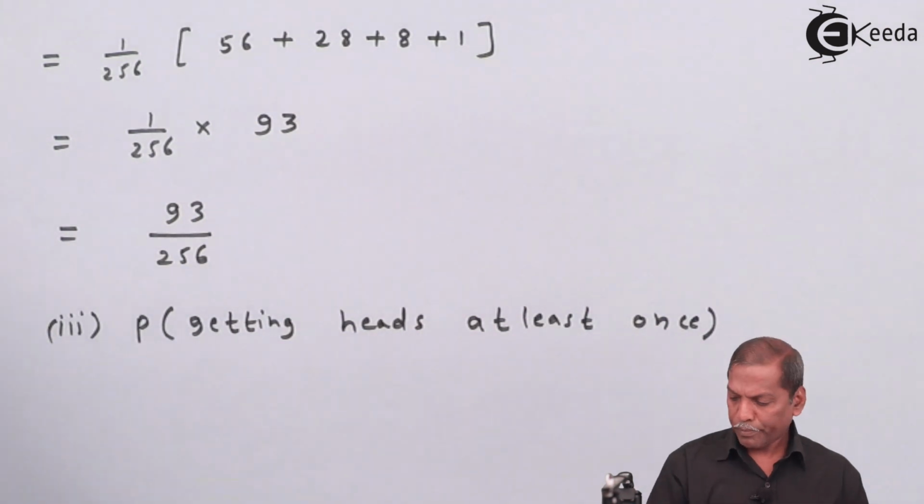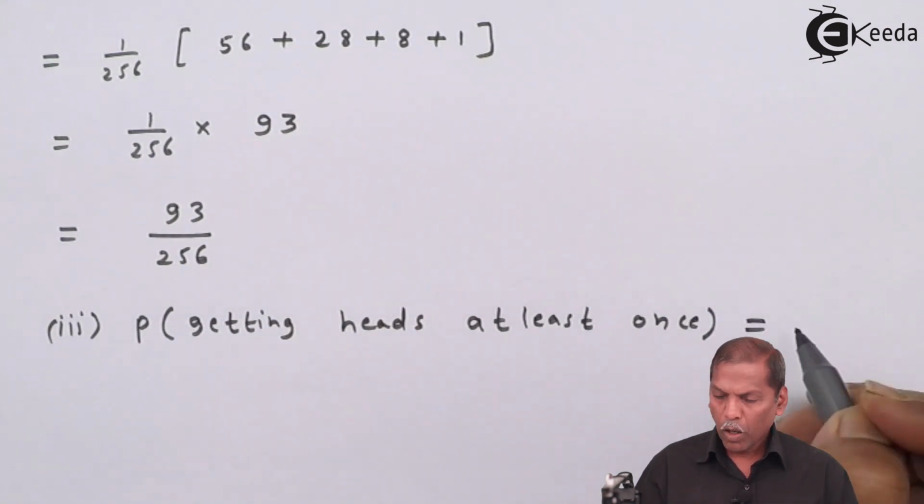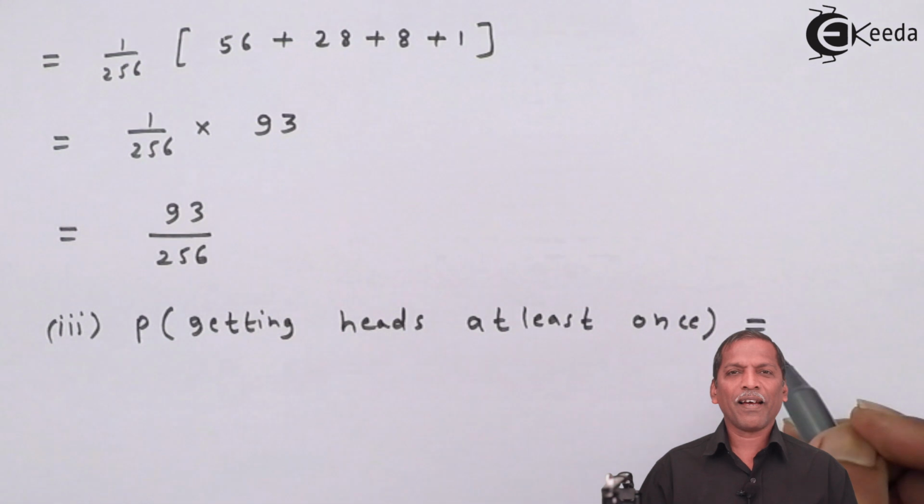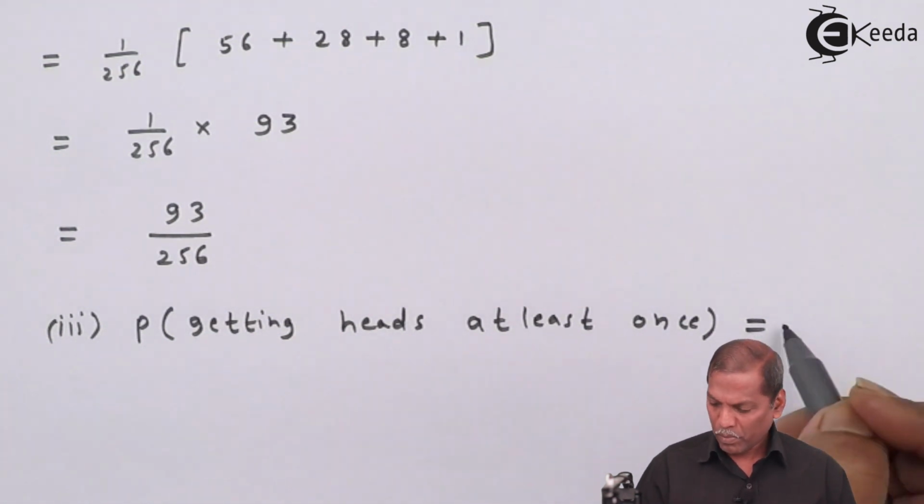It means probability x greater than or equal to 1.